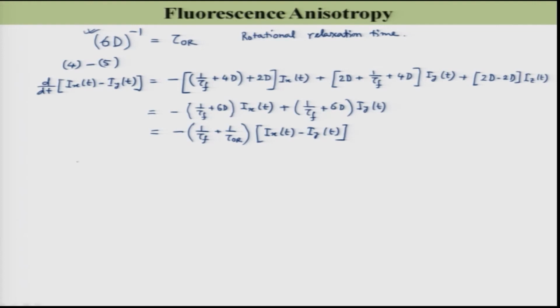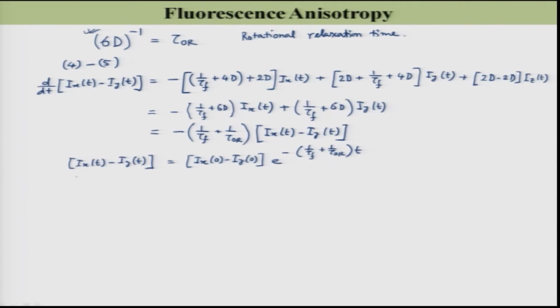So, if I integrate, the result will be Ix(t) minus Iy(t) equal to Ix(0), so this is my initial intensity, times e to the power minus 1 over tau f plus 1 over tau r, times t. So, for this 4 and 5 I got this type of equation.